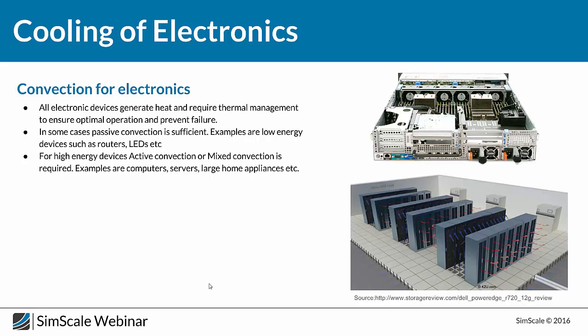But for high energy devices, like servers or computers, we require forced convection to remove the heat from the system. On the right hand side, you can see multiple small fans, which aid in the convection process. And this is an image of a data center, a server room.